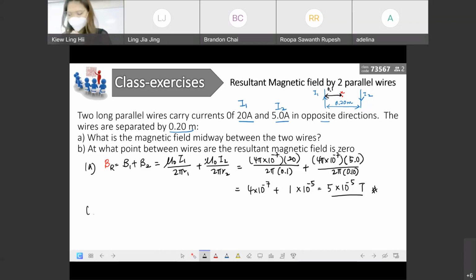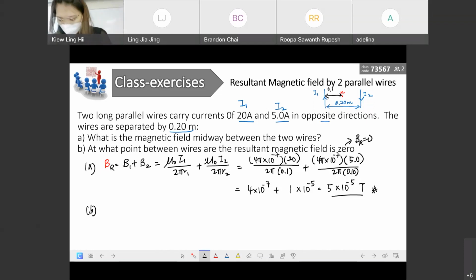Now move on to question B. At what point between the wires is the resultant field 0?